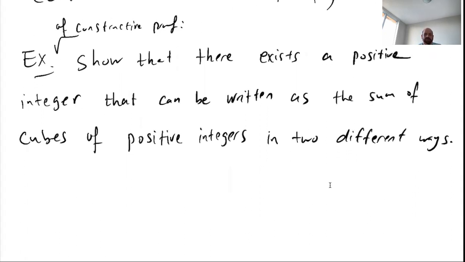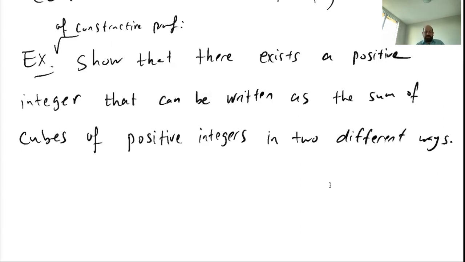Okay, so this is an example of constructive proof. Constructive means we are looking for an object of interest. In this case, we are looking for an integer that can be written as the sum of cubes of two positive integers in two different ways. So for example, 9 is the sum of two cubes, 1 cube plus 2 cube.